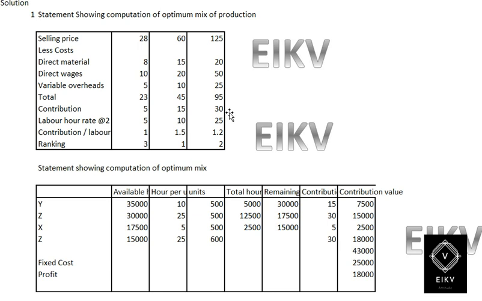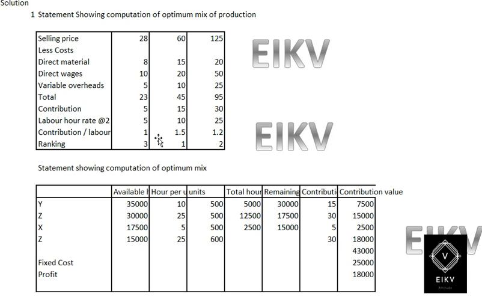Then 50 divided by 2 will give you 25 hours. And then contribution per hour is just contribution divided by hours, that is 5 divided by 5 gives 1, 15 divided by 10 will give 1.5, and 30 divided by 25 gives 1.2.